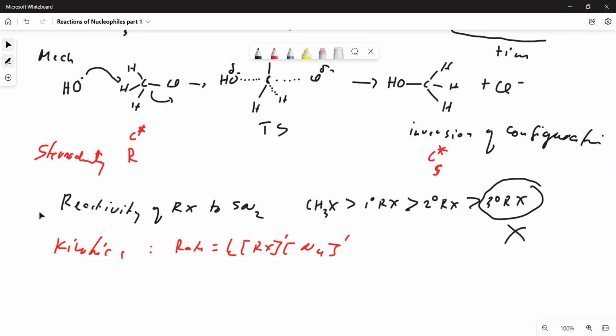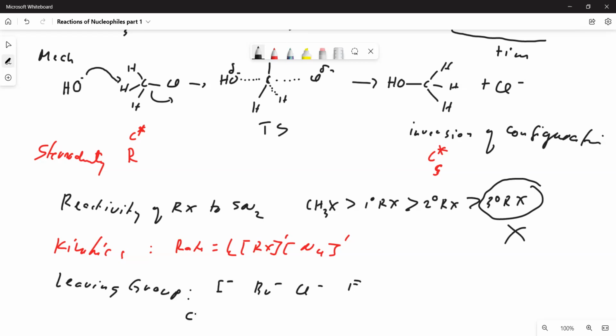Now let's look at the type of nucleophile that will displace the halogens. In terms of the leaving group, the leaving group could be iodide, bromide, chloride, and fluoride.